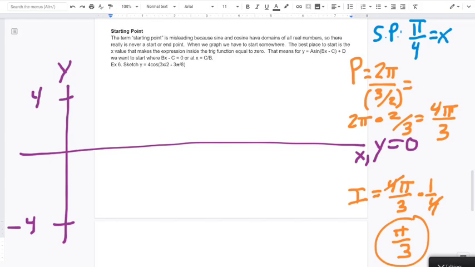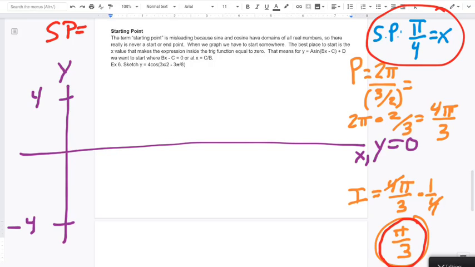One thing that I like to do after I find my increment and my starting point is to get a common denominator. So if my starting point is at pi over 4 and my increment is pi over 3, I'm going to write both of them with a denominator of 12, because that's the least common multiple of 4 and 3.